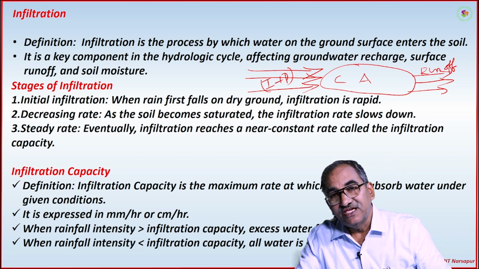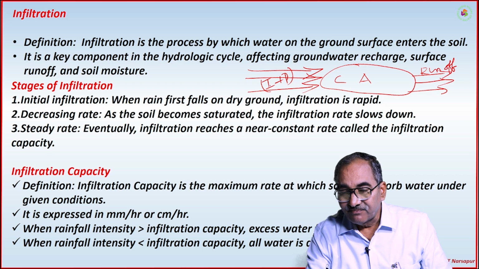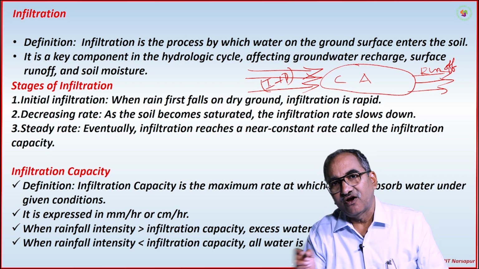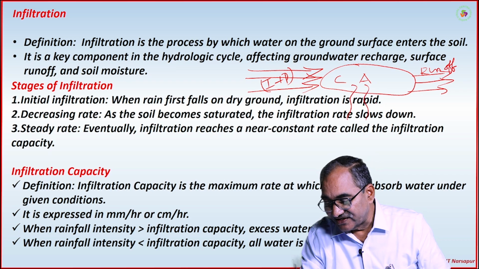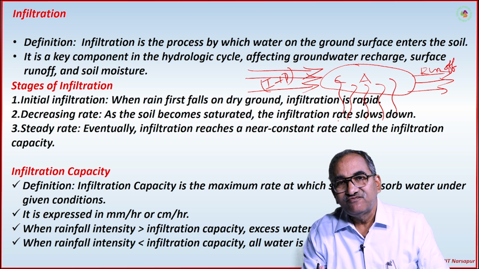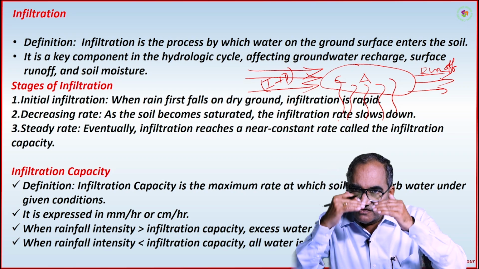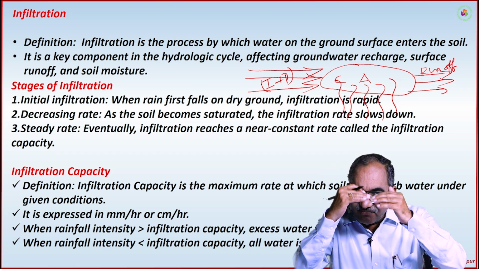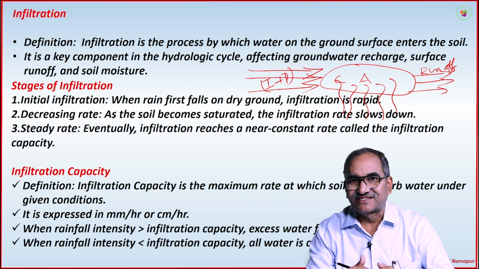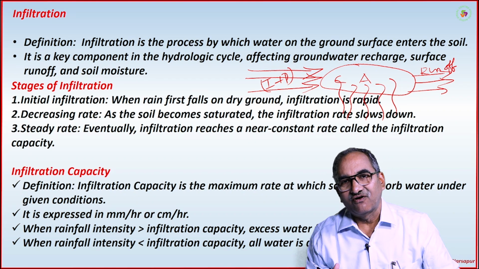The outflow is runoff. So from inflow to runoff, there will be some quantity of water which will be infiltrating, which will be percolating, moving down into the earth's surface and reaching the groundwater.